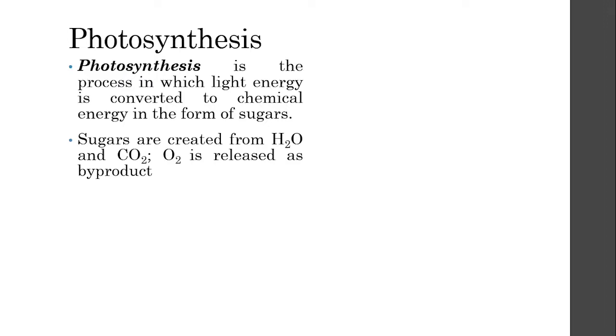So the water comes from the soil, which is taken up by the root into the stem and into the leaves, where a lot of photosynthesis is happening, while carbon dioxide is a gas that diffuses into the inside of the leaf via the pores that are found on the surface of the leaf called stomata.